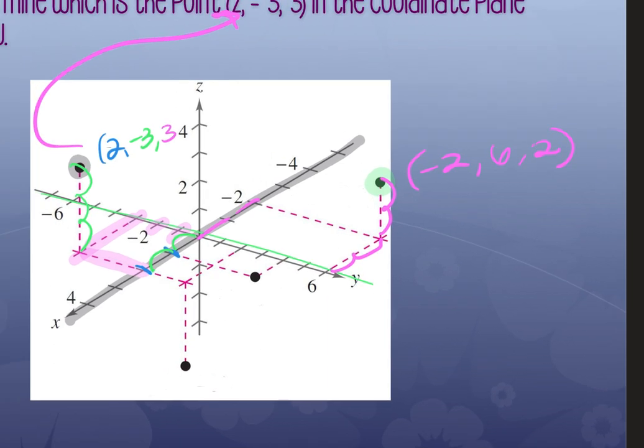Now I'm going to come to this guy here, the blue dot. What's the x on the blue dot? 1. I came forward 1. What's the y? 4. You went to the right 4. What's the z? 0. You don't go up or down at all.